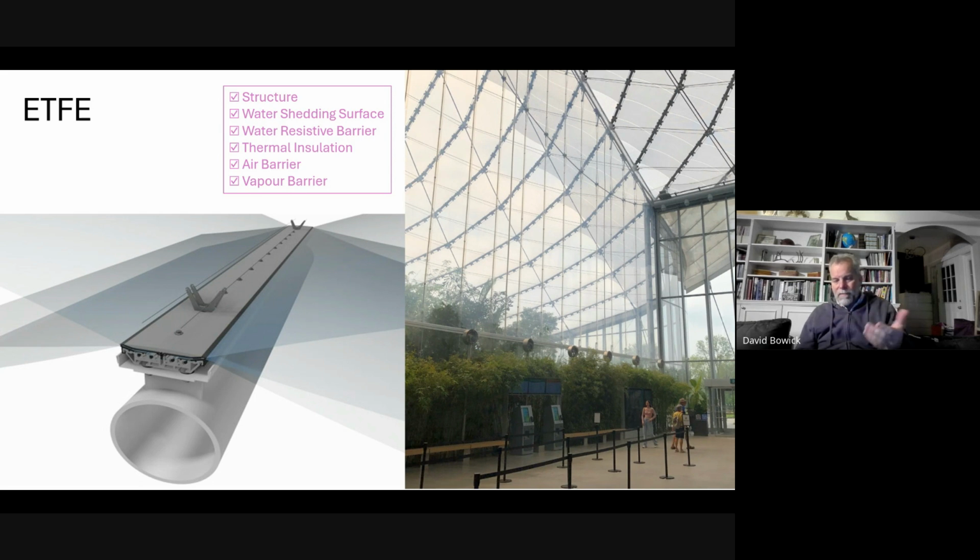You can see through it, obviously. We wanted there to be a view through into the botanical garden from the public space. Above 3 meters, ETFE is slightly cloudy in appearance. It lets lots of light through. It actually lets more light through than glass, but it diffuses the light slightly and changes the visual impact. So we used glass up to 3 meters and then ETFE up above it.